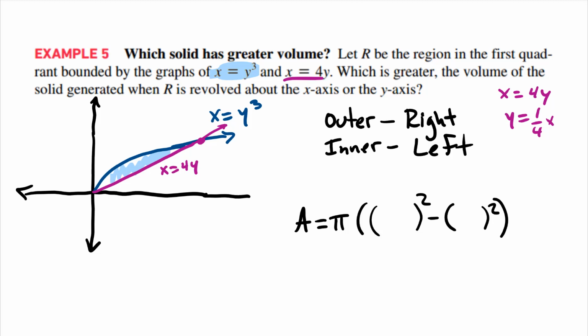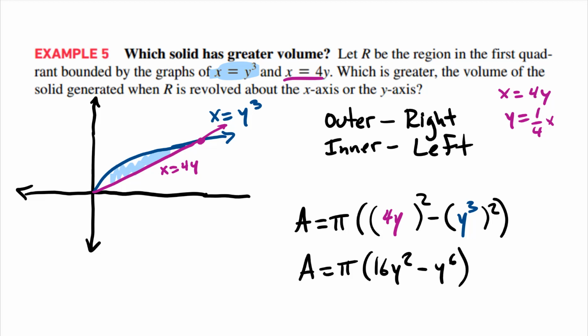So that's the outer function, 4y, all squared. And our inner function, the one to the left, is y cubed. Sweet! So it's pi times 16y squared minus y to the 6th.